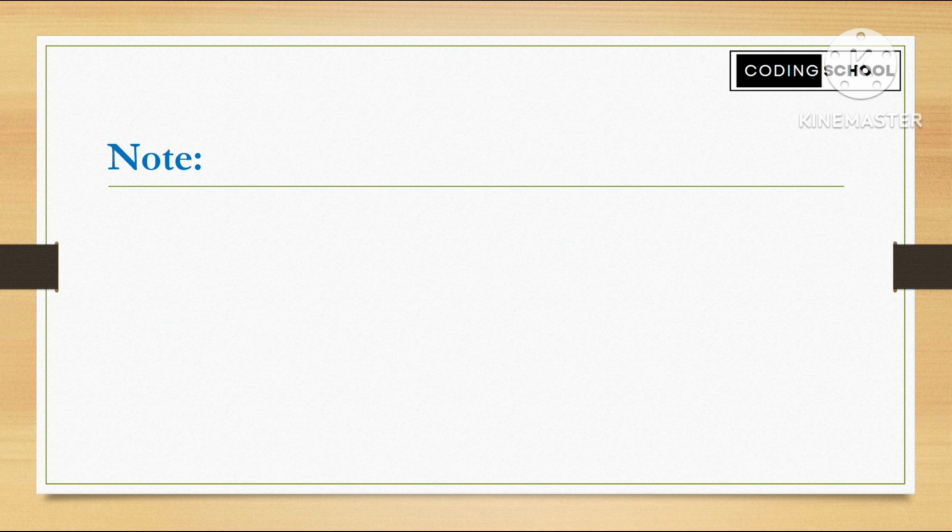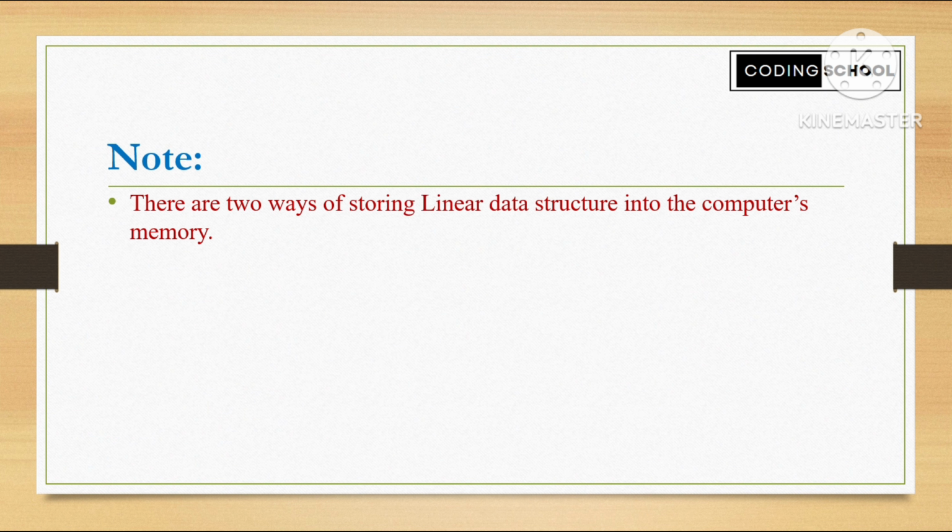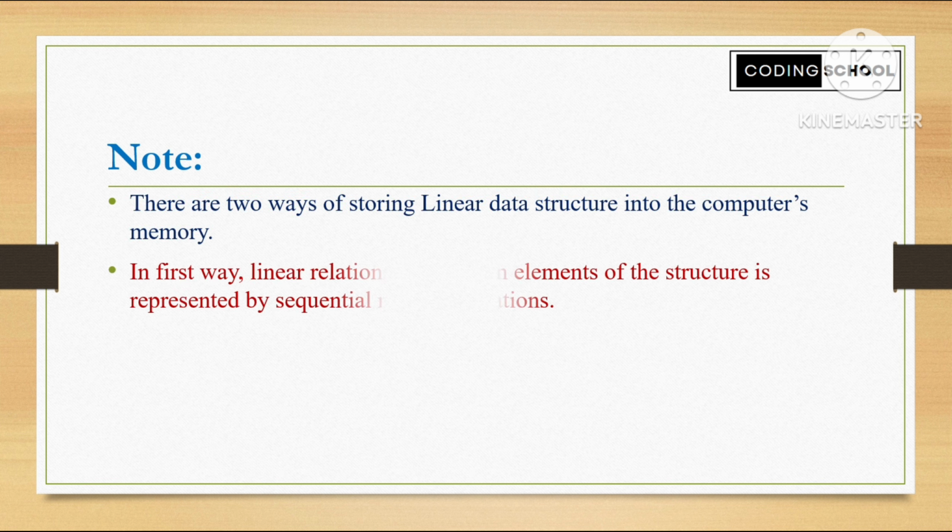Note the following points. There are two ways of storing linear data structure into computer's memory. In first way, linear relationship between elements of the structure is represented by sequential memory locations.